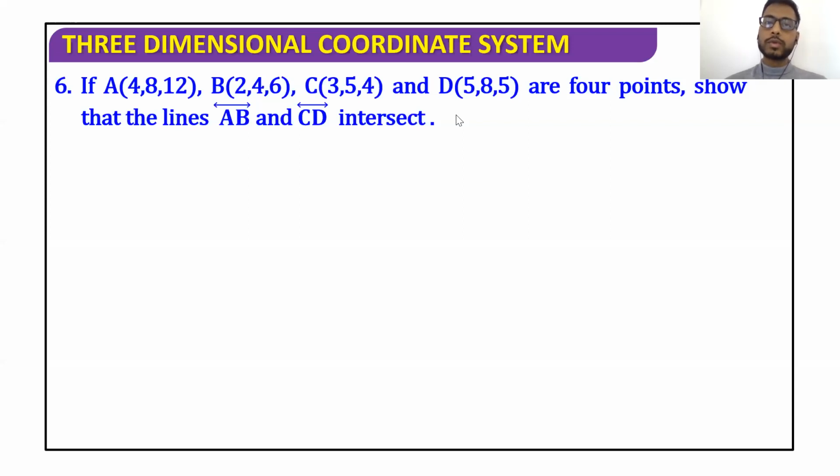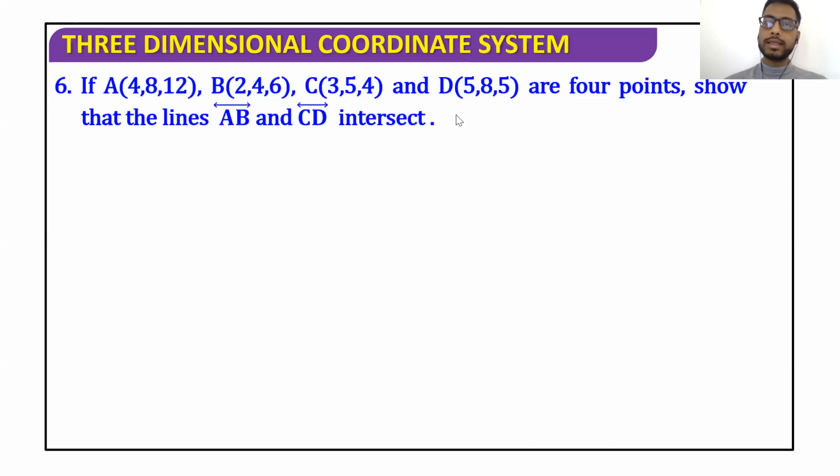So I'll repeat the approach once again, how we are going to solve this. There are 4 points and I have to show that 2 lines are intersecting. First, I'm going to find a point, say P, which divides segment AB internally. This would show that P lies on segment AB. Then I would find a point Q, which divides segment CD internally in the ratio, say k is to 1.